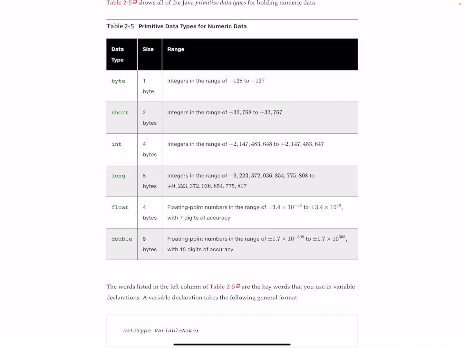A floating point number, next down our list here, contains decimals. That's really the difference between int, long, and float: float finally gives us a decimal value with 7 digits of accuracy.